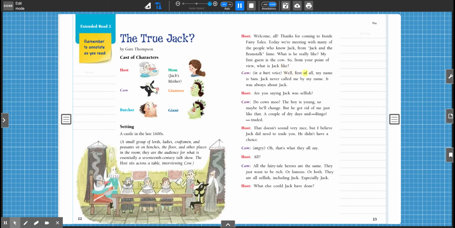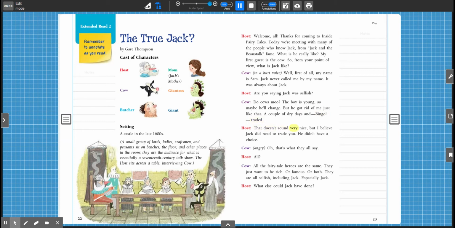Well, first of all, my name is Sam. Jack never called me by my name. It was always about Jack. Are you saying Jack was selfish? Do cows moo? The boy is young, so maybe he'll change. But he got rid of me just like that. A couple of dry days and bingo! Traded.